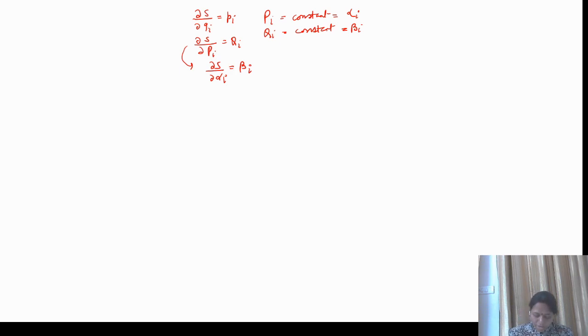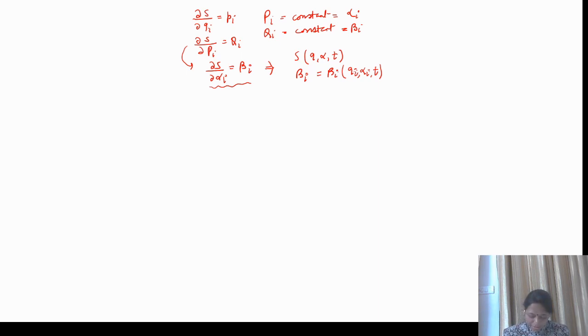And because S is a function of Q's, alphas and T, you will get an expression from here which is in terms of Q, alpha and beta. That means you get your beta i's as a function of Qi's, alpha i's and time.